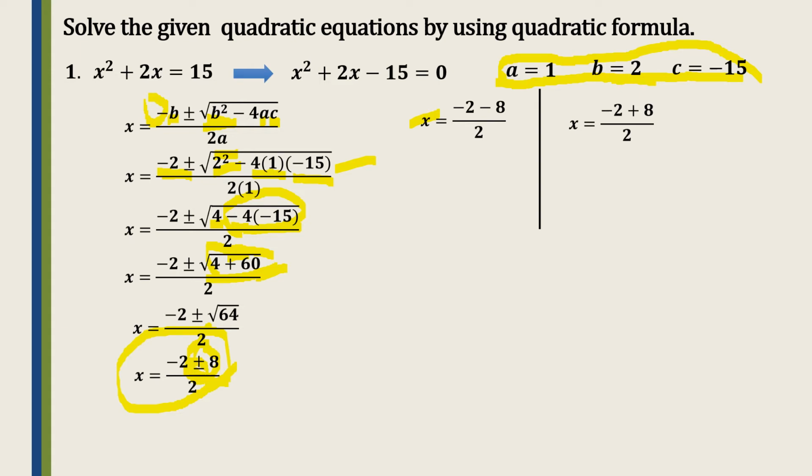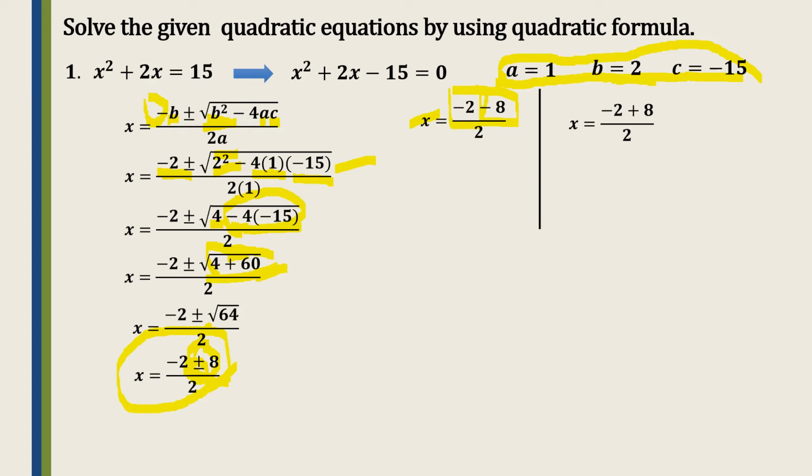We have now negative 2 minus 8 all over 2. Ganito, isipin natin na ang minus 8 magkasama, magiging negative 8. Ito naman, negative 2. Proceed tayo sa addition.